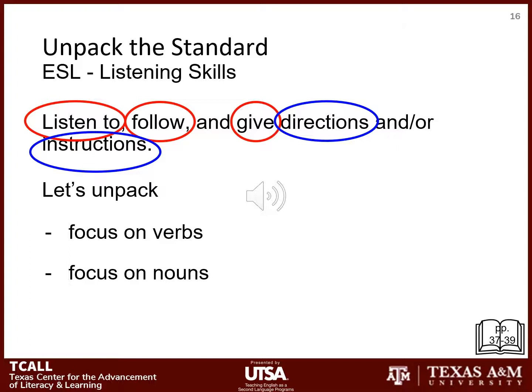Next, in unpacking the standards, is to focus on the nouns. And so here we've circled them for you, directions and instructions. So with this kind of unpacking, you have a little bit more information that will help you to determine which type of understanding you're hoping that your learners will focus on.